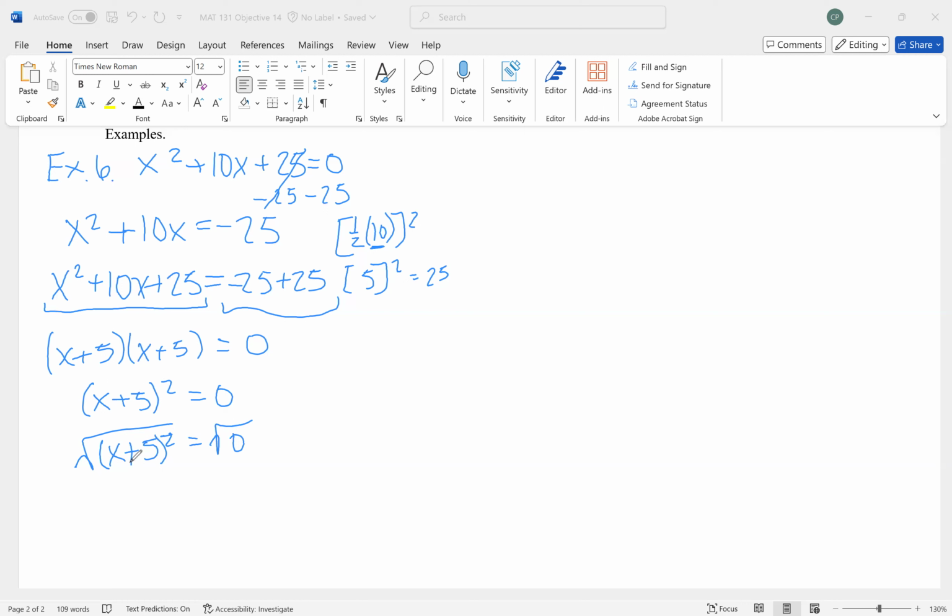So when we do that, when we take the square root of x plus 5 squared, that x plus 5 is going to come out and it's going to be equal to 0. And when we subtract 5 from both sides, x is going to be -5 and -5 only.